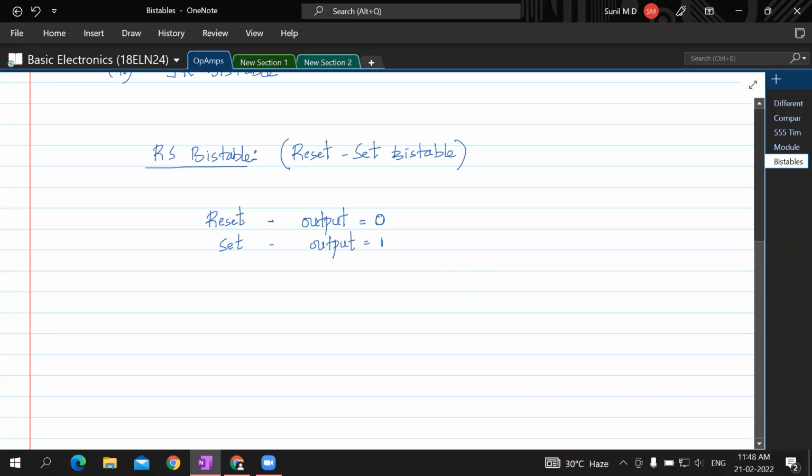So that means when reset is 1, it implies that output is 0. When set is 1, it implies that the output is 1. This is the purpose of using RS bistable and inputs reset and set.